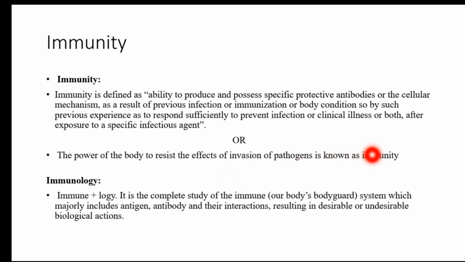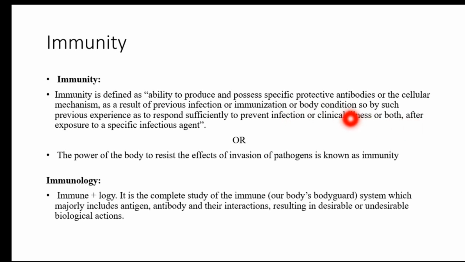So the power of the body is what we call immunity. It is the ability to produce and possess specific protective antibodies or cellular mechanisms as a result of a previous infection. Maybe the person has had an infection previously, or maybe that person has been immunized.